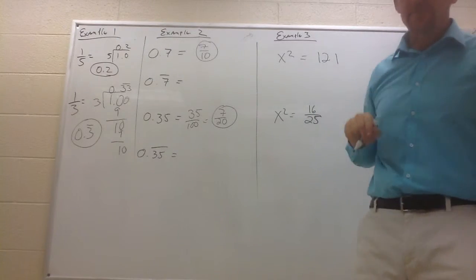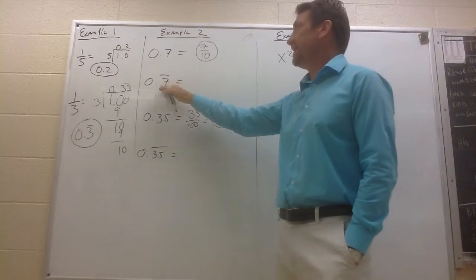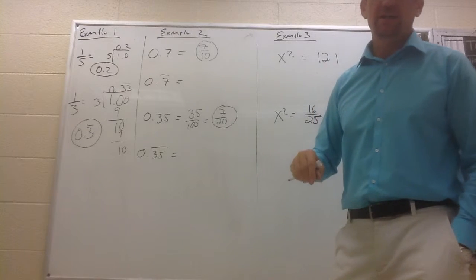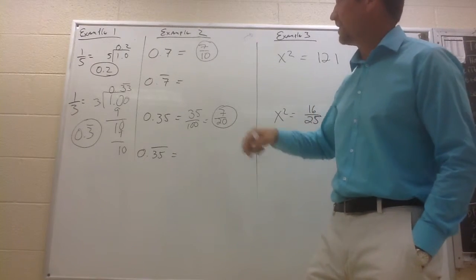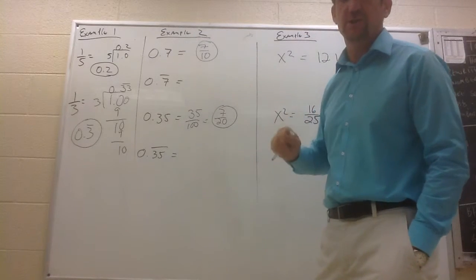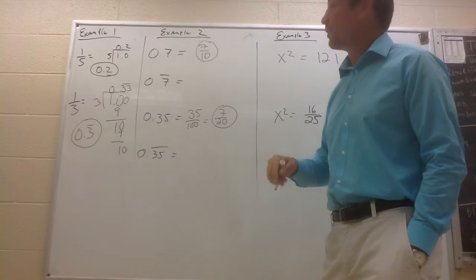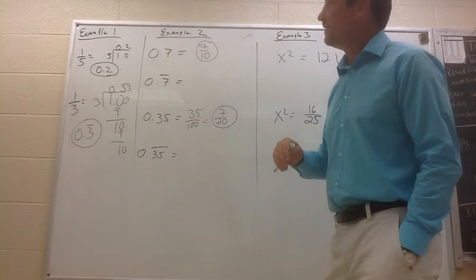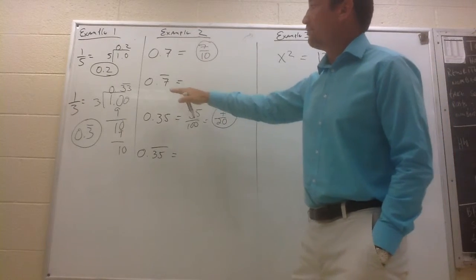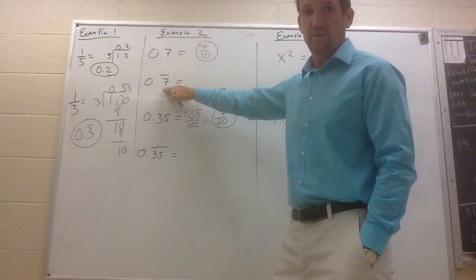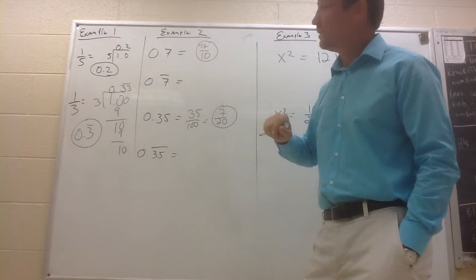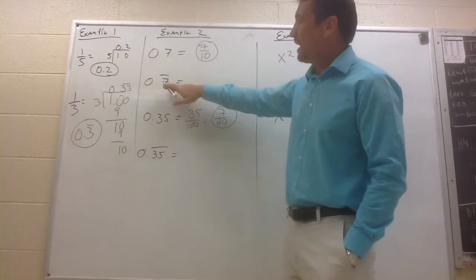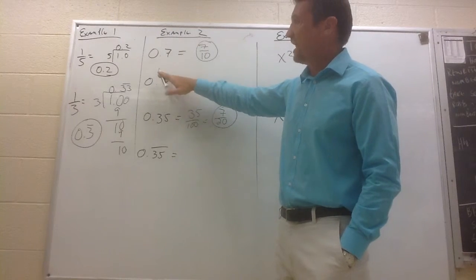Alright, now what happens when we have a repeating decimal? Now in your textbook, they go through great lengths to explain the why behind what I'm going to show you. But for today, what I want you to understand is when you have a repeating decimal, to rewrite it as a fraction, the easiest thing to do is write it as though it was not repeating.